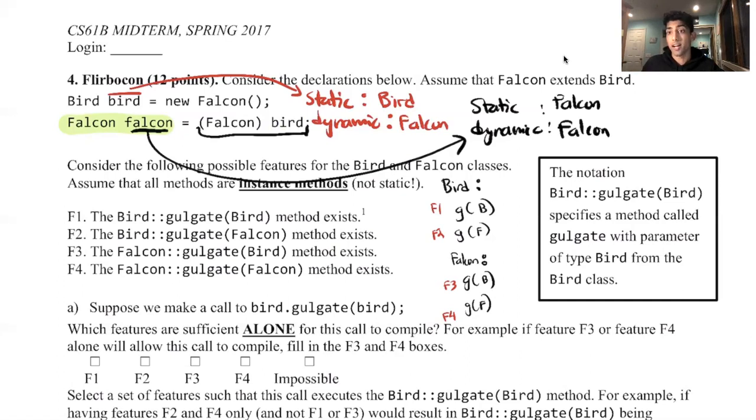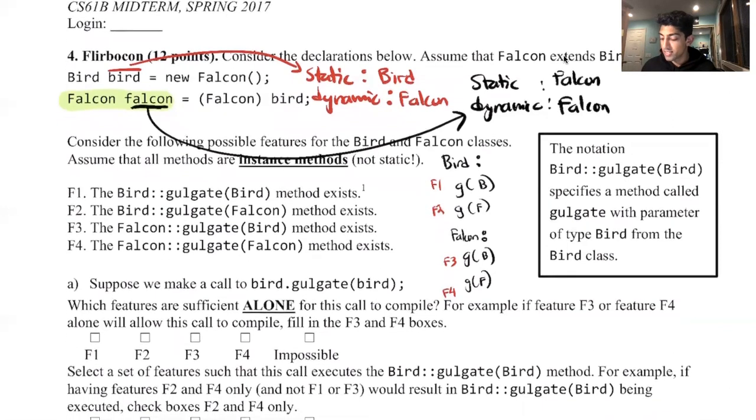Then during runtime, this falcon object is going to be equal to bird, which is actually a Falcon, because it has dynamic type Falcon. So with this cast, the code perfectly works. Cool, that was a good tangent. Hopefully you guys enjoyed that. Let's move on to the actual meat of this question.